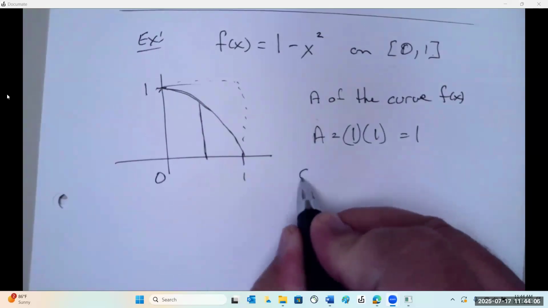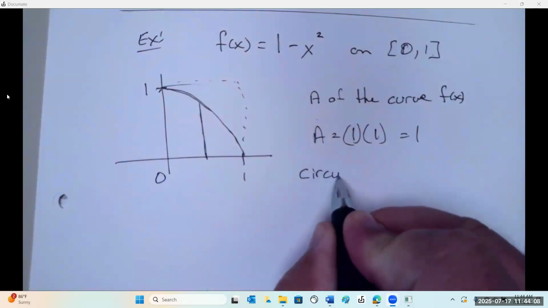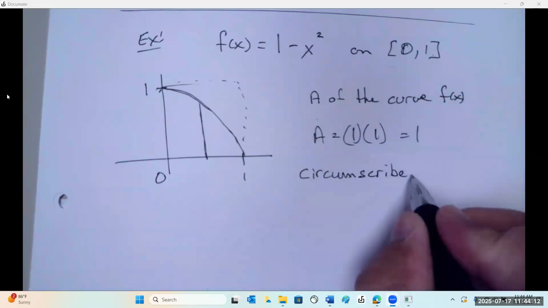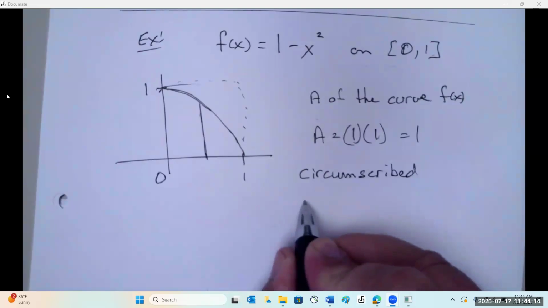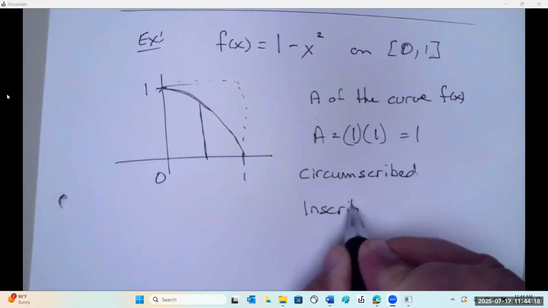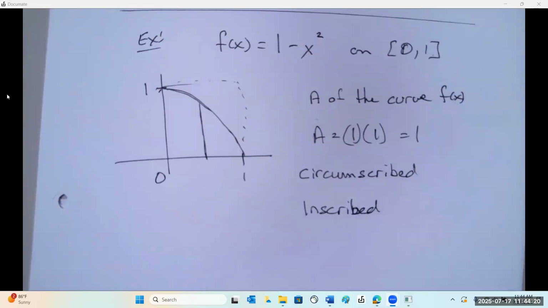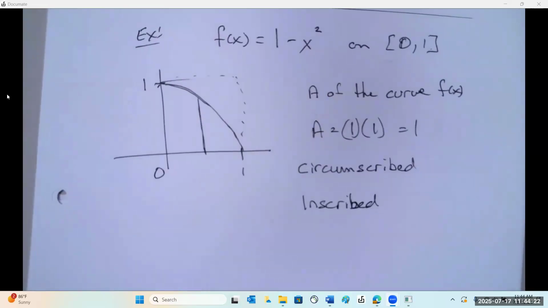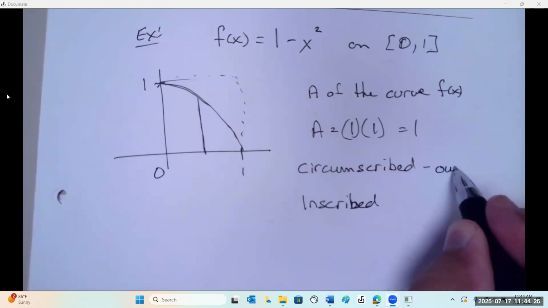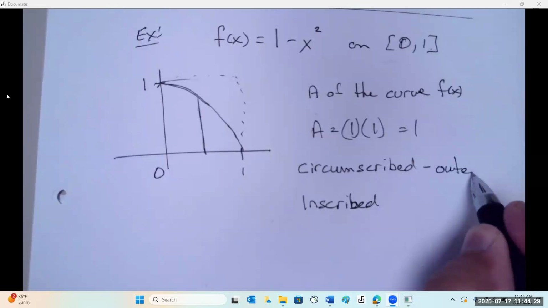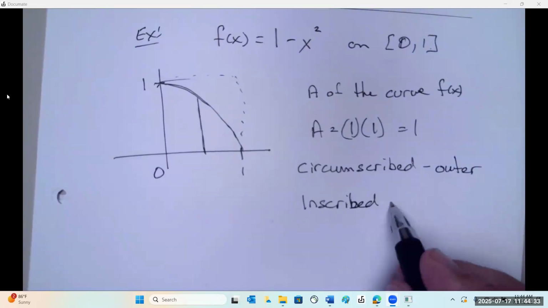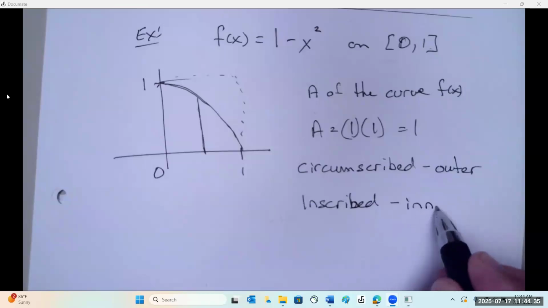We have the concept of circumscribed or inscribed. Circumscribed refers to the outer area. Inscribed is the inner area.